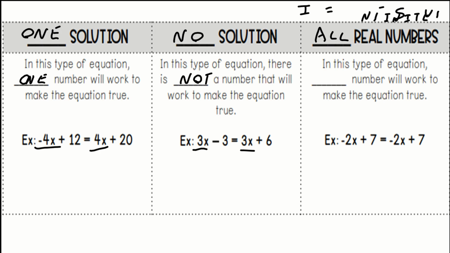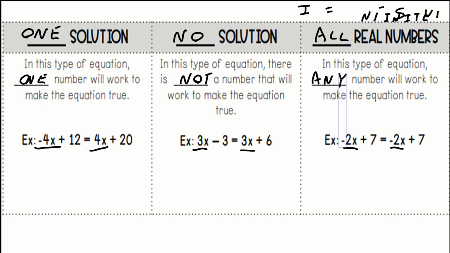In this type of equation, any number will work. And if we look, we again have the same coefficients. We're starting off with negative 2x and a negative 2x there.